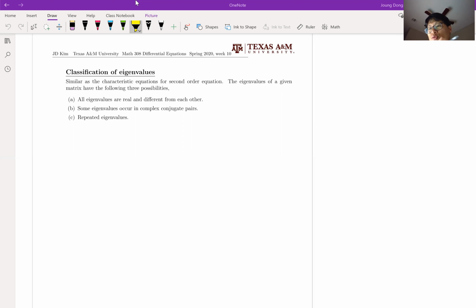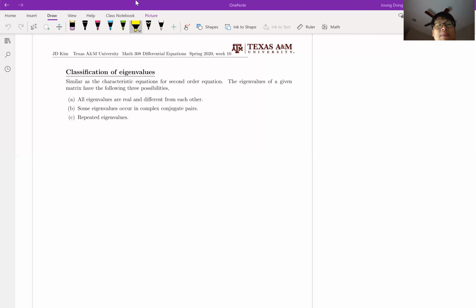We set e to the lambda t form as your solution, then we could get the solution of the system of differential equations. In the second case, whenever we have a complex conjugate pair, the fundamental set of solutions will be an exponential function times cosine and i times sine. We're going to take e to the lambda t cosine and e to the lambda t sine as the fundamental set of solutions.